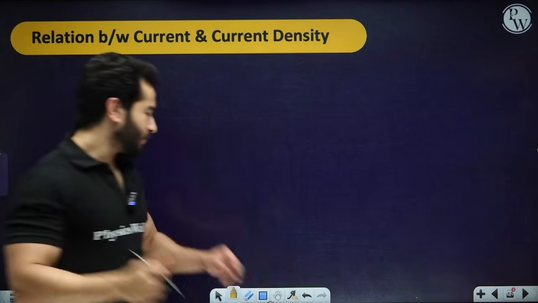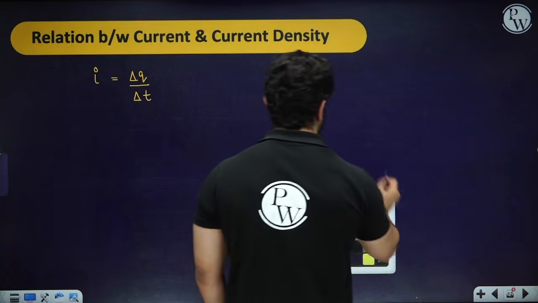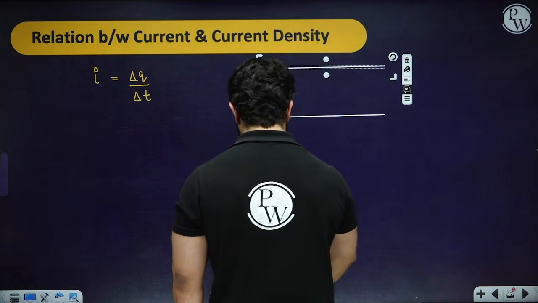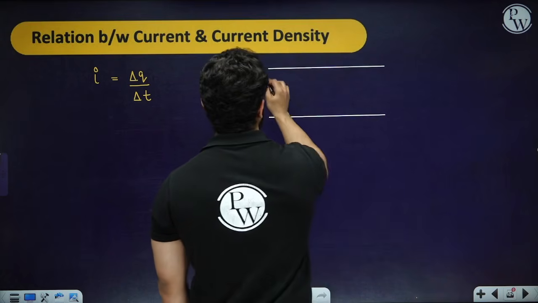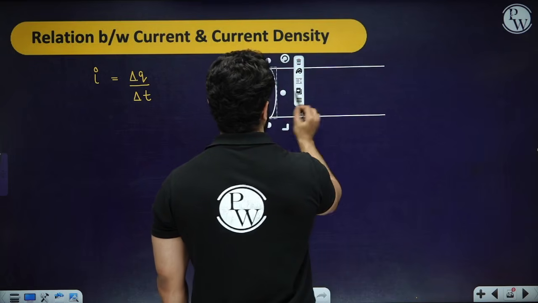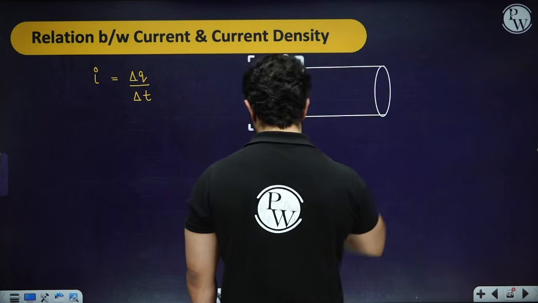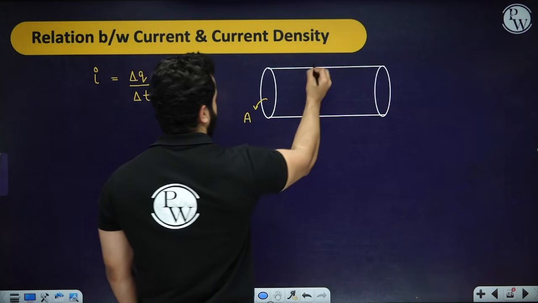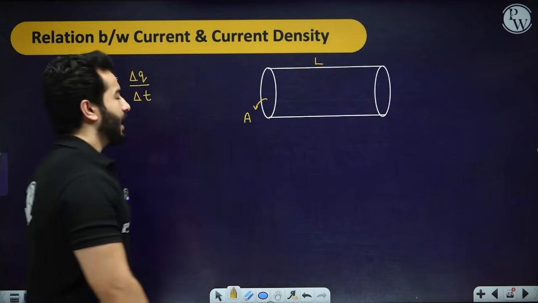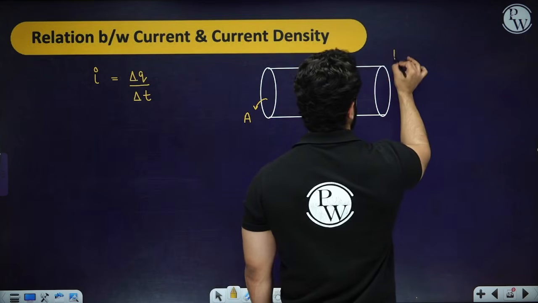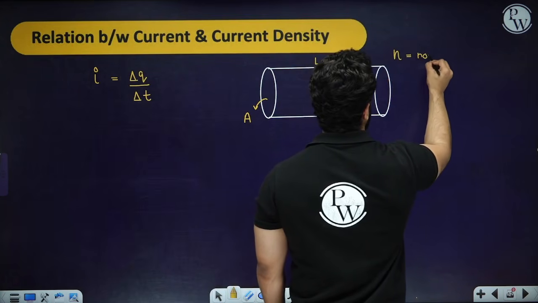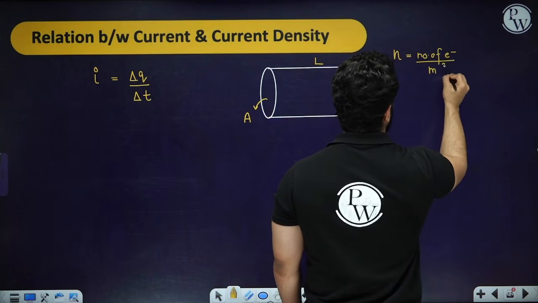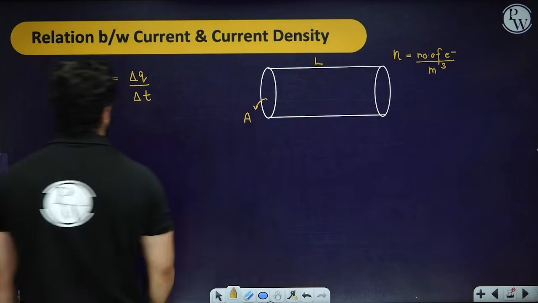Let's suppose we have a conductor, something like this, having length L and area of cross section A. This has area A, length L, right? And there is also one more thing, that is small n, which is the number of electrons per meter cube.